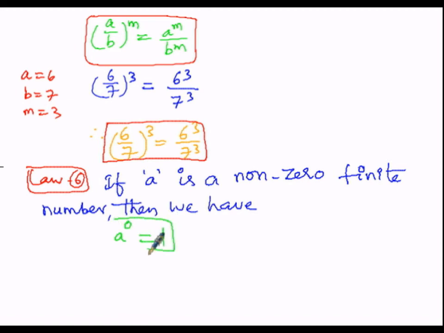So here a is any integer which is not equal to 0, that is a non-zero finite number. So any number raised to the power of 0 will be equal to 1.